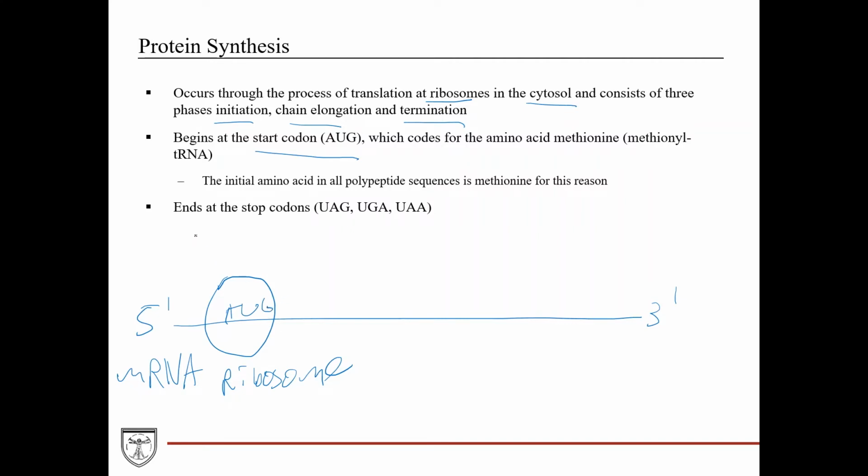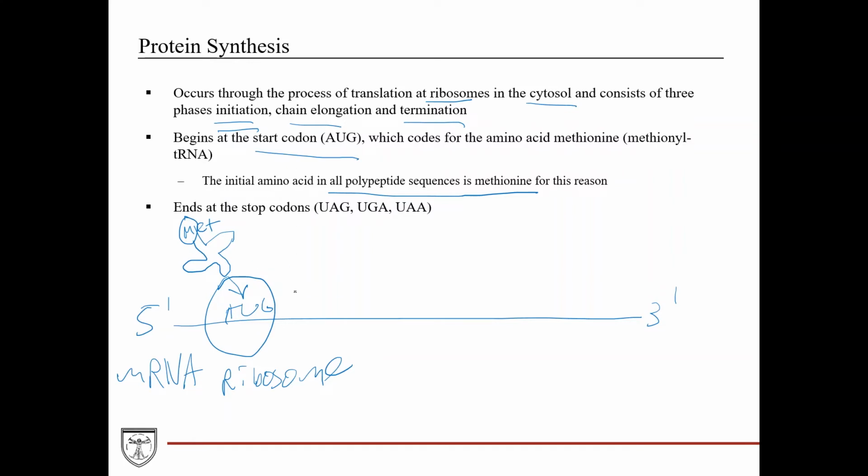And you're going to have the tRNA that corresponds to that, bringing methionine in. So that's going to come in. Its anticodon is going to complementary base pair with this AUG. And that's going to start the process of methionine. So that's what's called initiation. And because of this, the initial amino acid in all polypeptide sequences is methionine. And that's because the start codon for all of these corresponds to methionine.